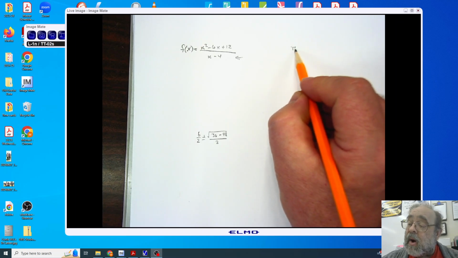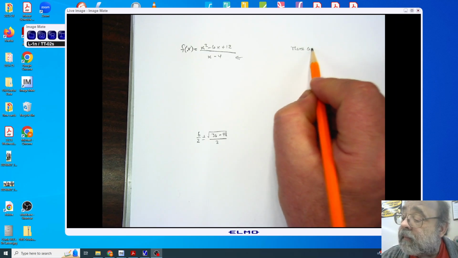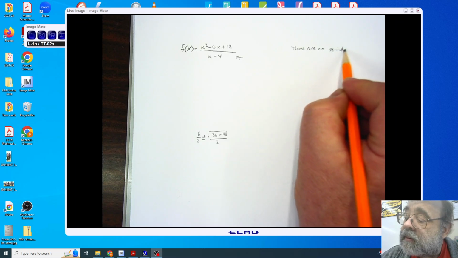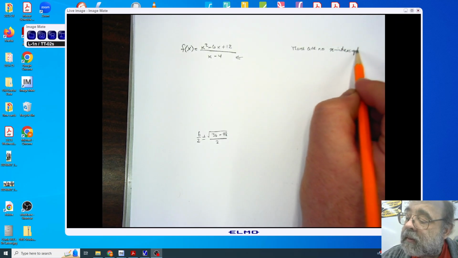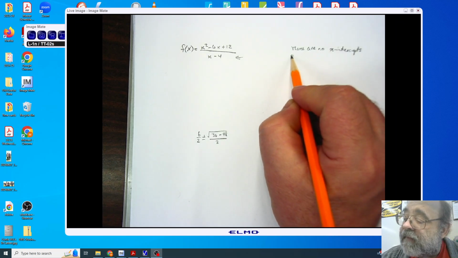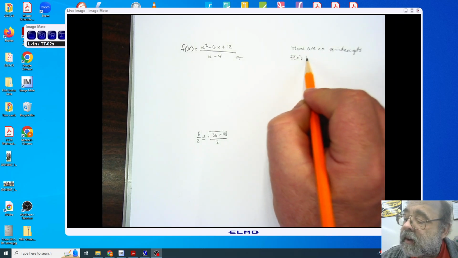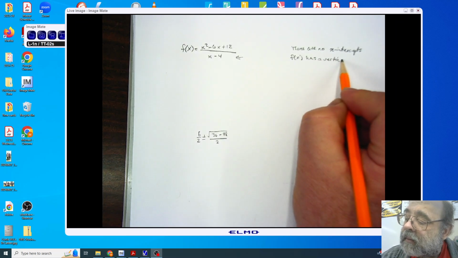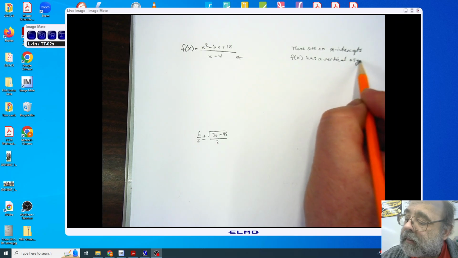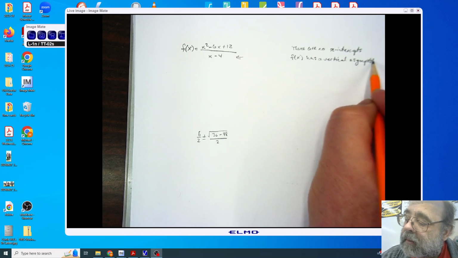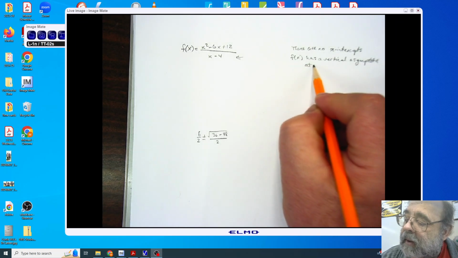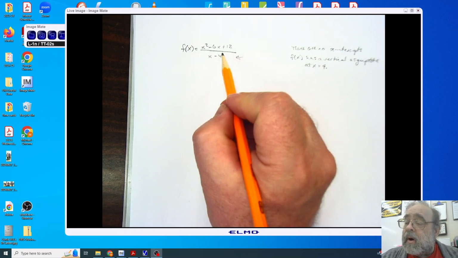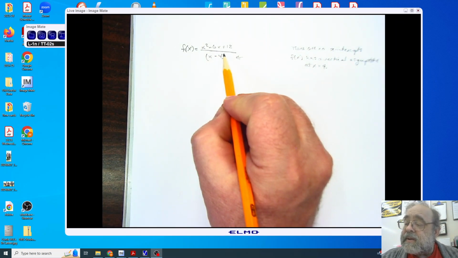So we say there are no x-intercepts, and then f of x has a vertical asymptote at x equals 4.